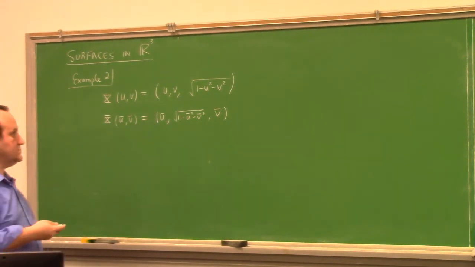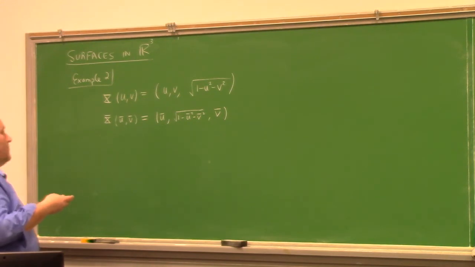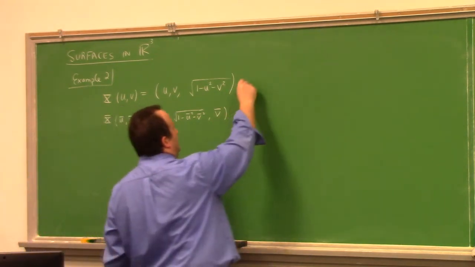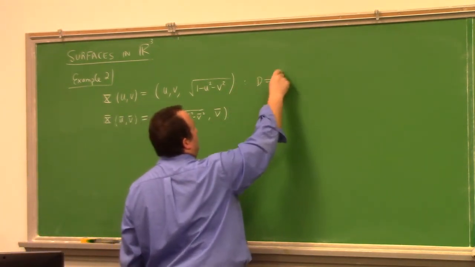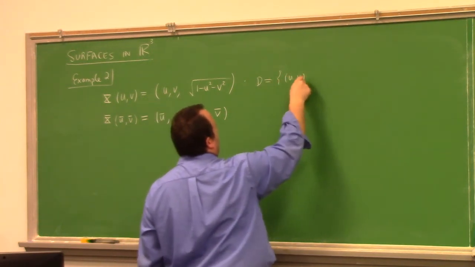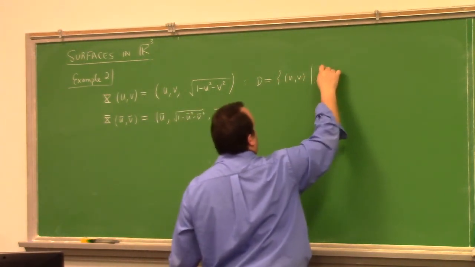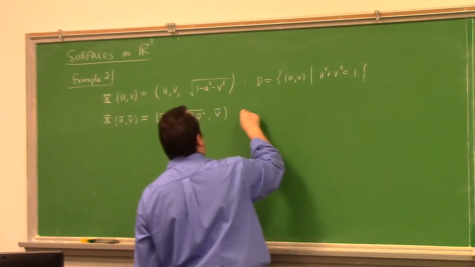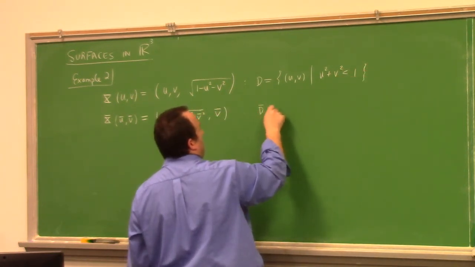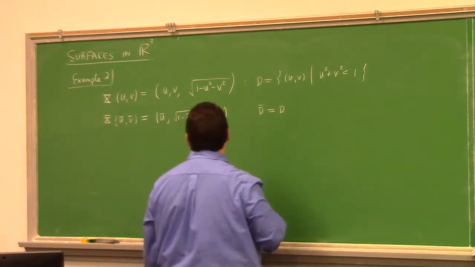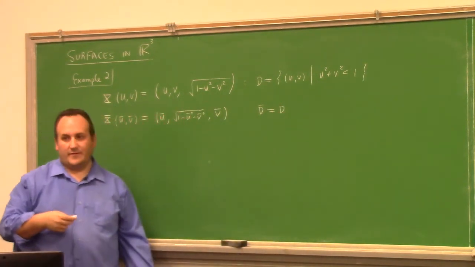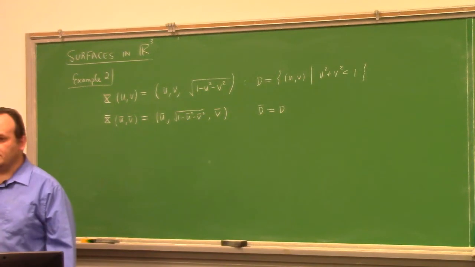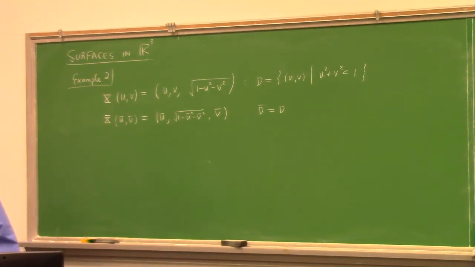And this would be for D equal to (u,v) such that u squared plus v squared less than 1. And this would be for D bar equal to D. Same set, different letters, but it's the same point set.